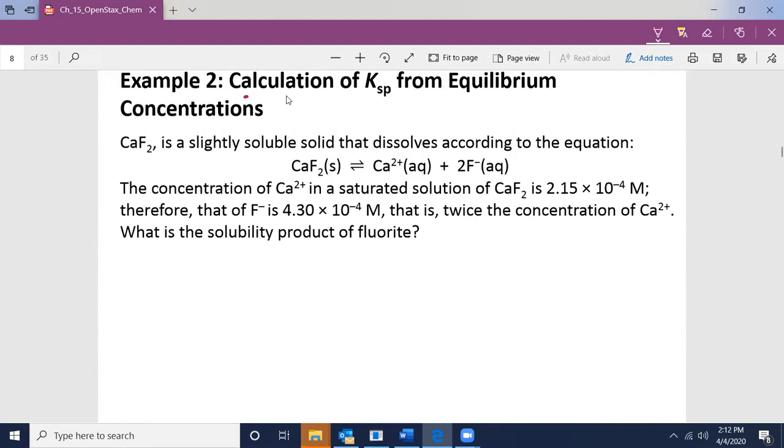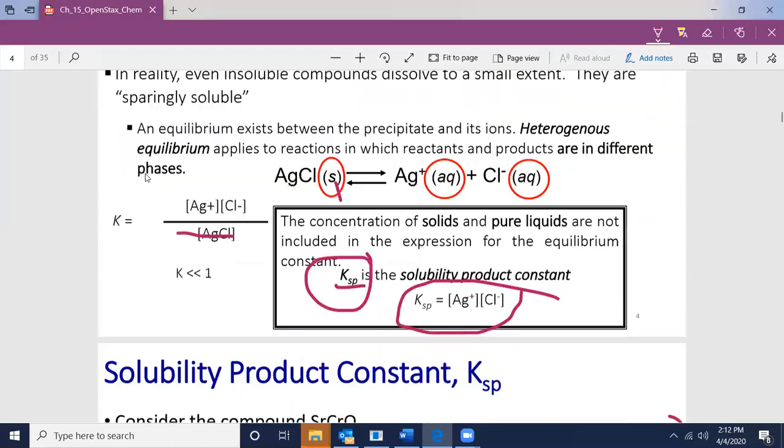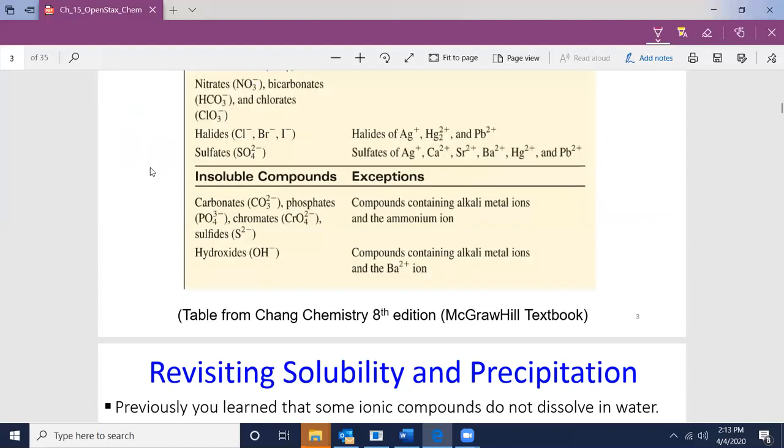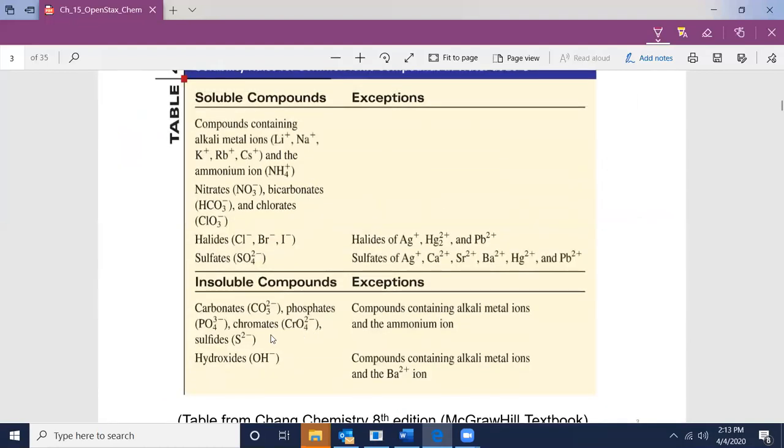Okay, so if we talk about the calculation of KSP from equilibrium concentrations, we are looking at calcium fluoride and how it's going to dissolve. How do we know it's an insoluble compound? We're going to go by the solubility rules. We will understand about the calcium and about the fluoride what the case is in that scenario, and we will figure out that sulfates of calcium are exceptions in the insolubility.